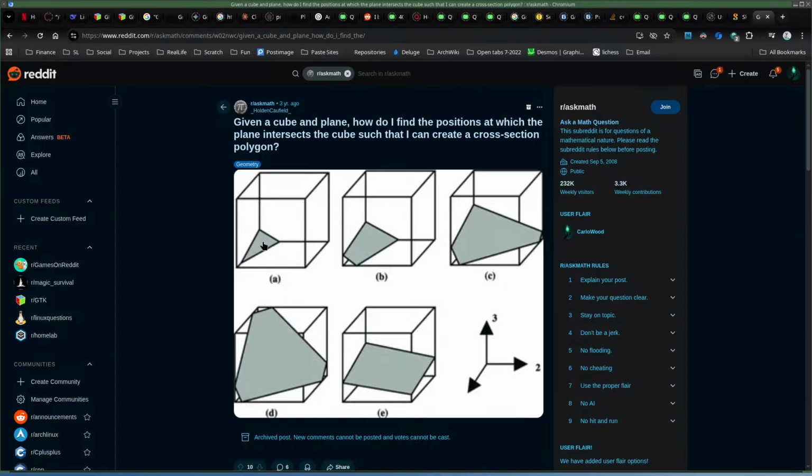I think it's the corner behind here that is the most significant. And here we got two corners.